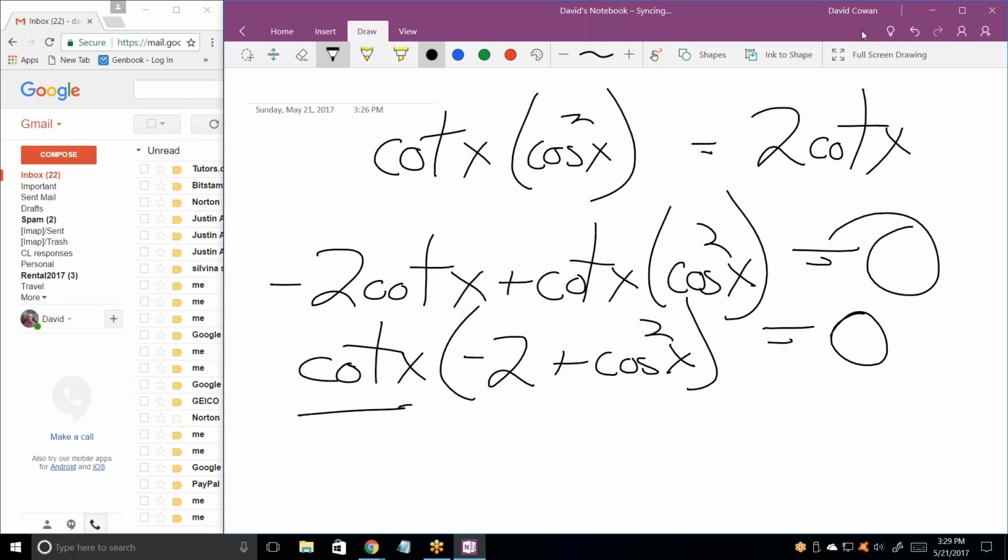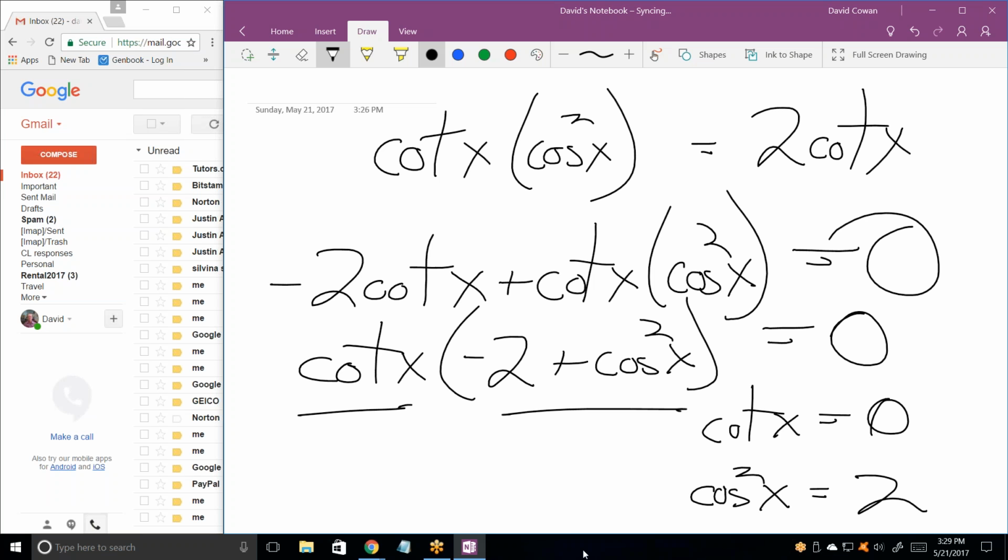Now, we got this times that equals 0. So either cotangent x equals 0 or cosine squared of x equals 2. Where is cotangent x equal to 0? Is the domain the same on all of these? Is it 0 to 2 pi? Yeah.